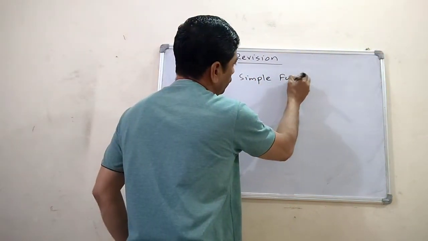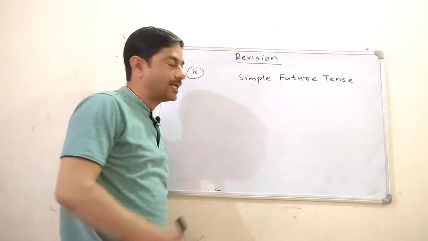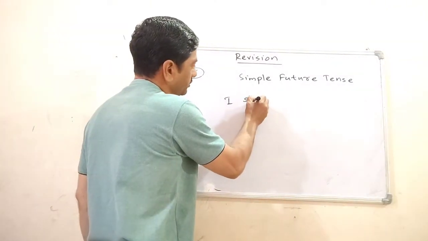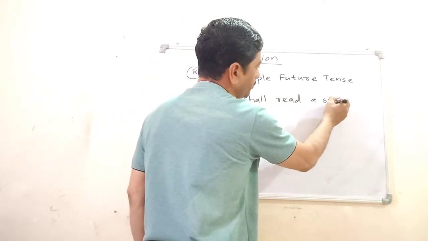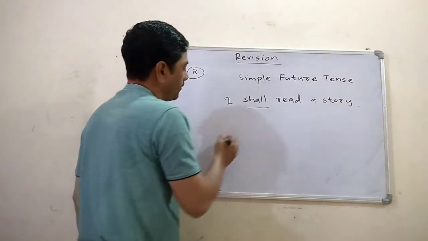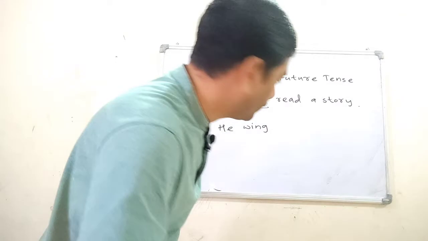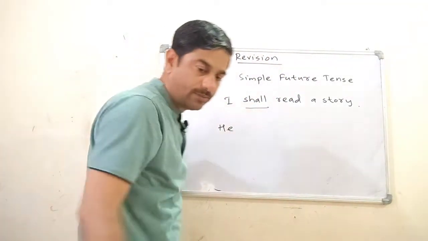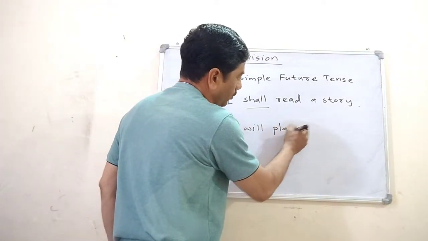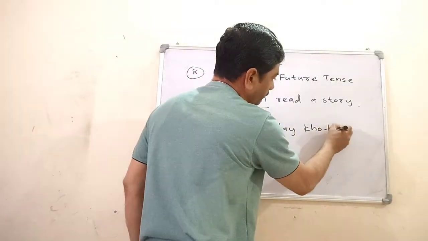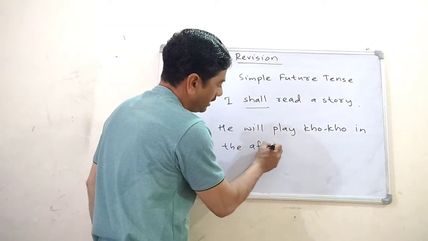When you want to speak about future time, you have to make use of simple future tense. I shall read a story. He will play Kho-Kho in the afternoon.